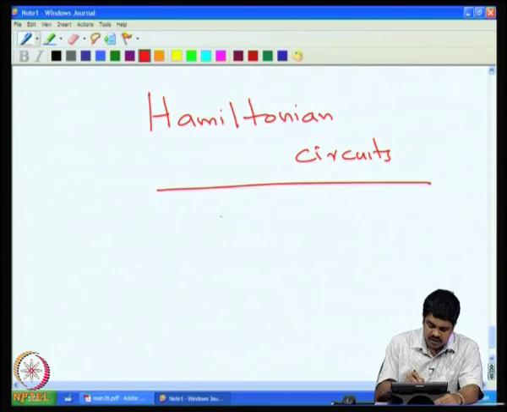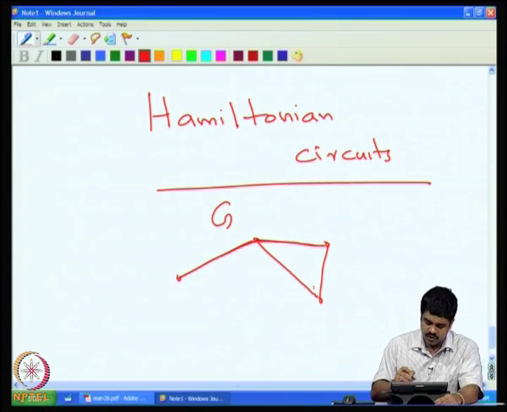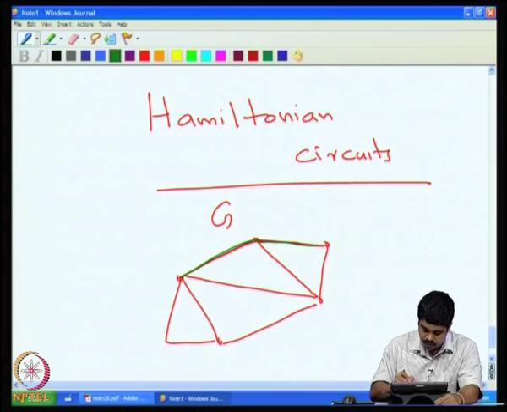So, what was that? Given a graph G, you take a closed walk in such a way that every edge is covered once and only once. So, for instance, if this is the graph, this was the Euler tour. You just go from here and then go from here, maybe.